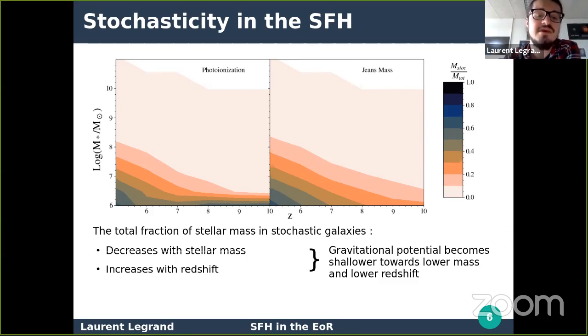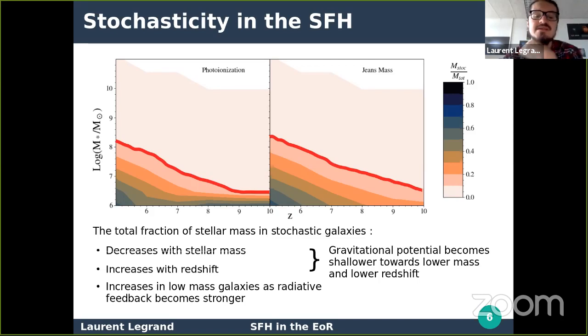So they are not able to retain their gas against supernova feedback and then radiative feedback as well. Here you can see that photoionization takes some time to impact the galaxies, while the Jeans mass directly slightly increases the stochasticity in low mass galaxies. We don't expect the high mass galaxies to be impacted for these parameters because they have a deep enough potential well to keep their gas against radiative feedback.